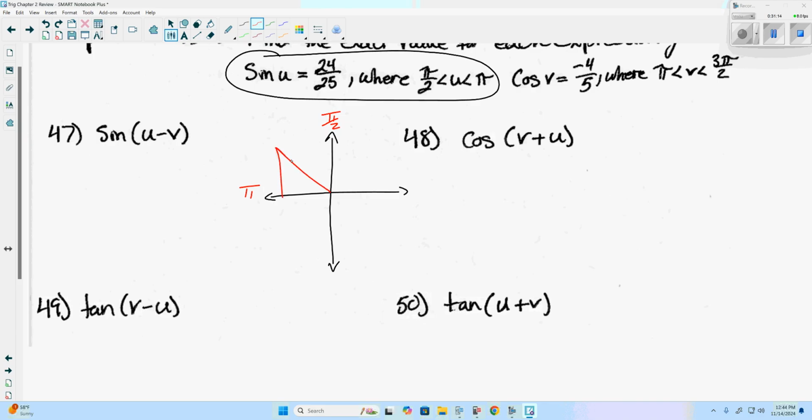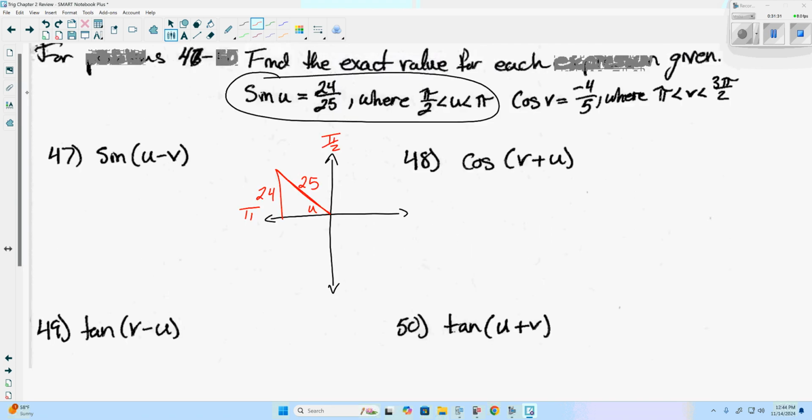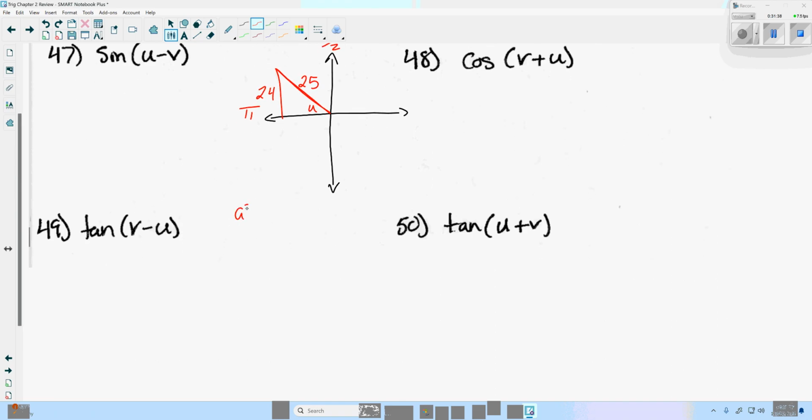So our triangle setup is over here. This is angle U. And sine is opposite over the hypotenuse, so 24 over 25. Now we can use the Pythagorean theorem to solve for the third side: a squared plus 24 squared is equal to 25 squared.